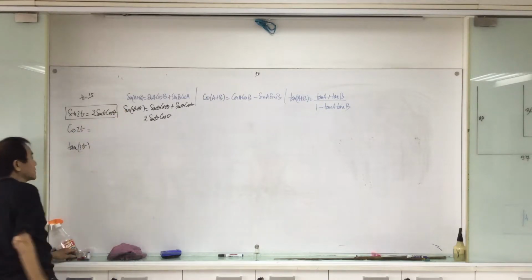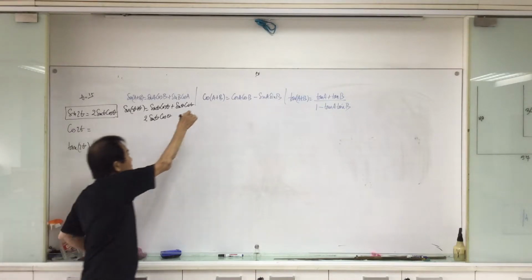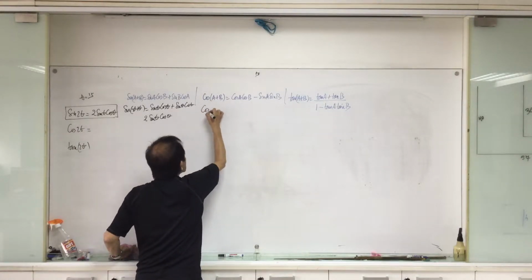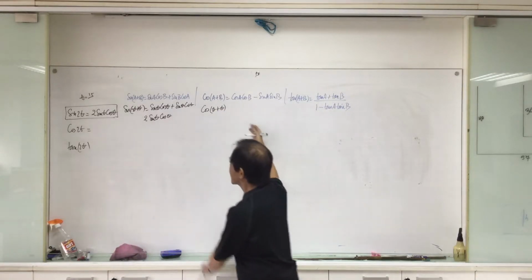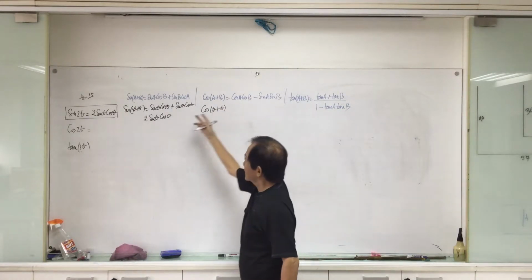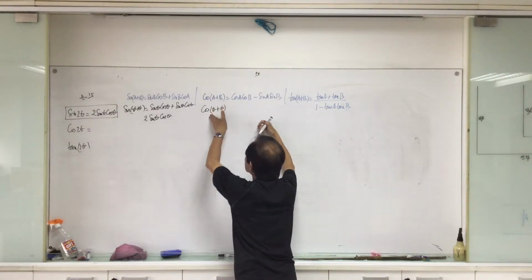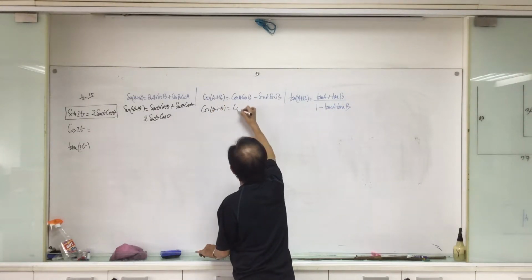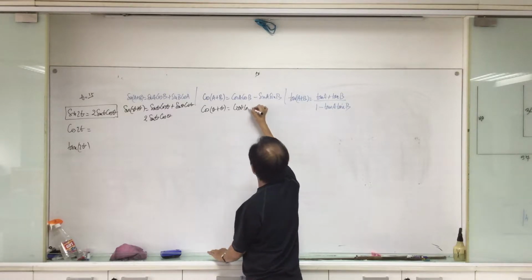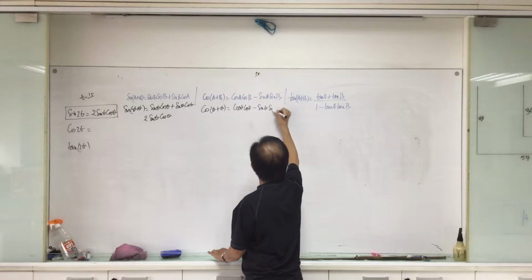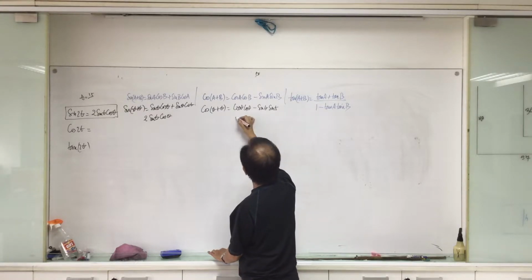So how about cosine 2 theta? You plug in cosine of theta plus theta, right? Theta plus theta equals 2 theta. So now A equals theta, B also equals theta. So you have cosine theta cosine theta minus sine theta sine theta. It gives you cosine square theta minus sine square theta.